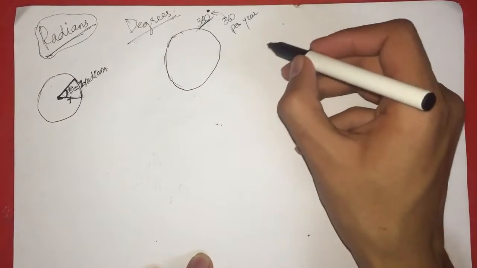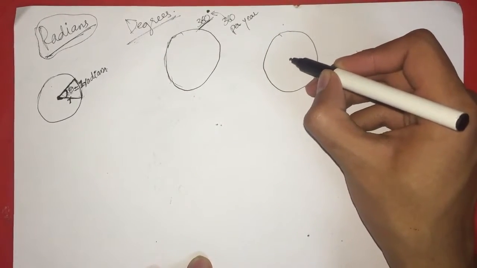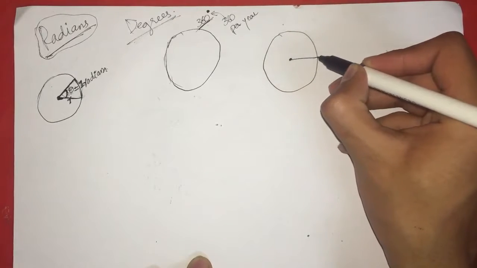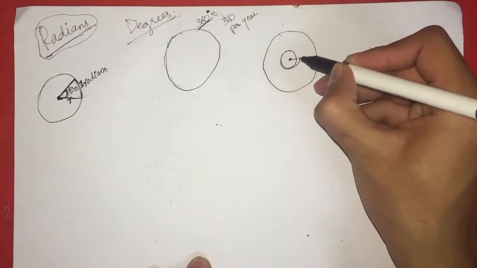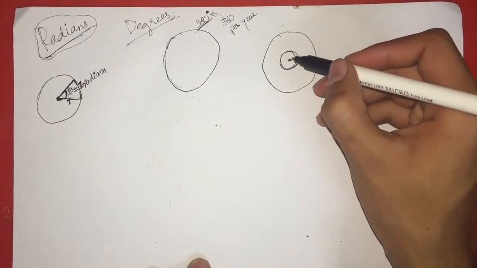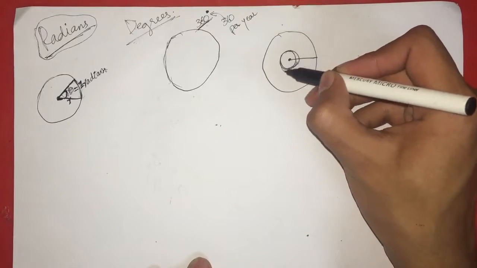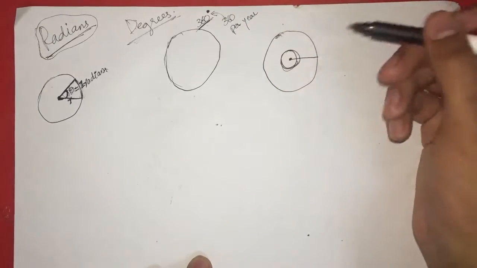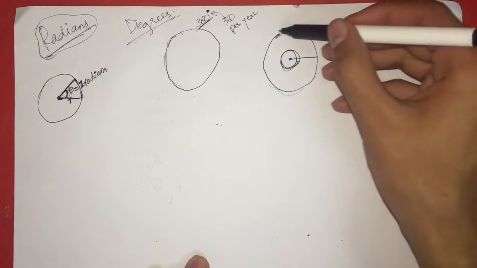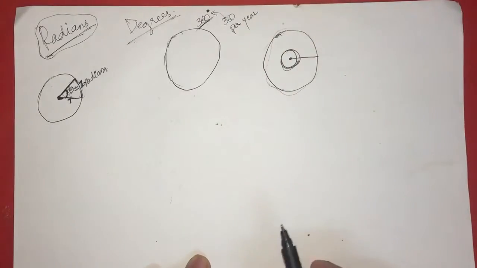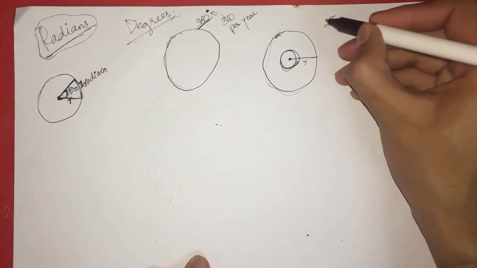Let's say we have a circle with its center and radius, and an angle of 360 degrees. The arc subtended by this angle is the whole circumference of the circle, which is always equal to 2 pi r, as we know.